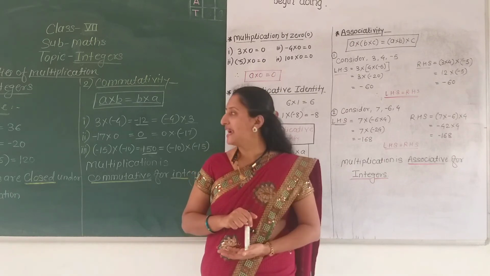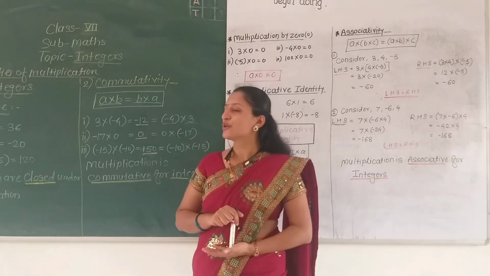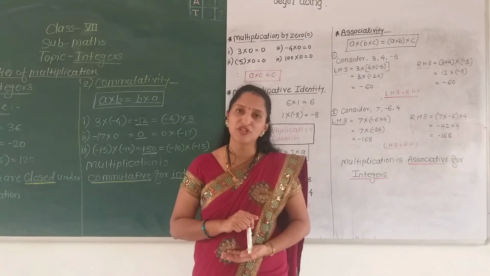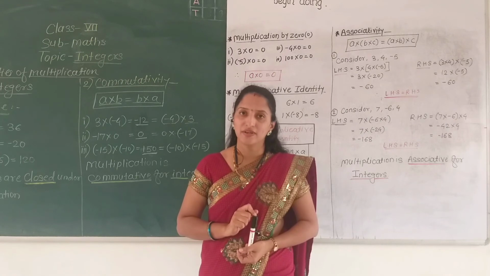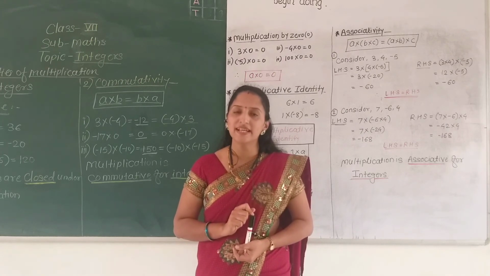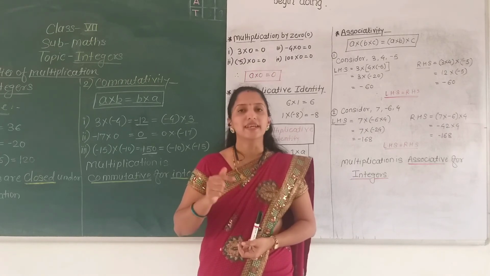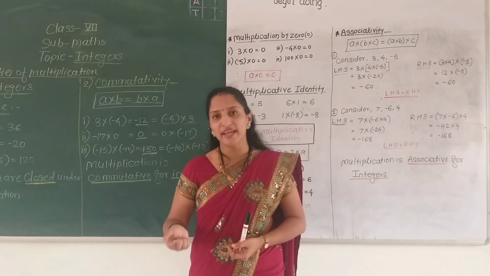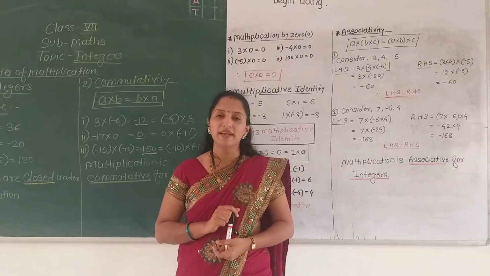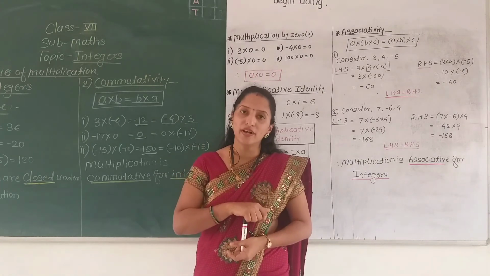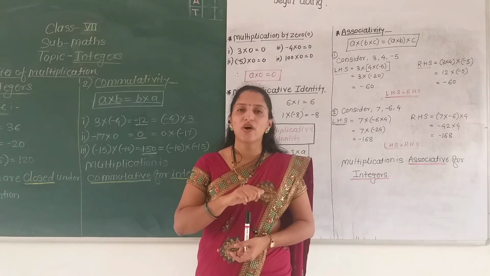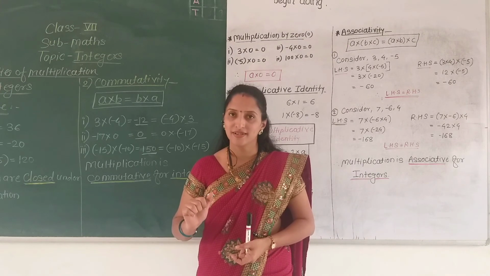Next property is commutativity: A into B is equal to B into A. If I change the order of the numbers, it does not affect the answer.